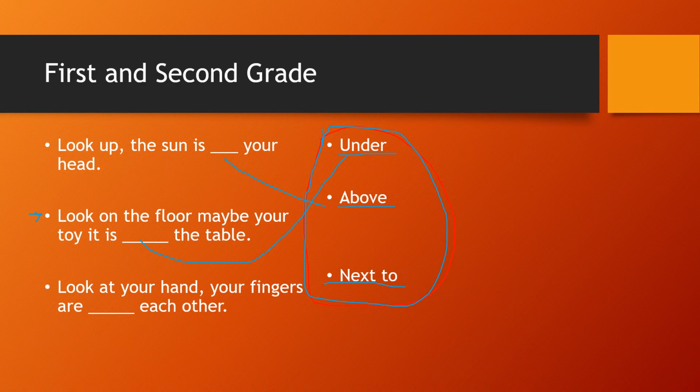That word just went under the sentence. All right, look at your hand. Your fingers are next to each other. Unless you're holding your hand in a strange way or putting your fingers in a strange way, they should be, for most of the time, next to each other. Okay?